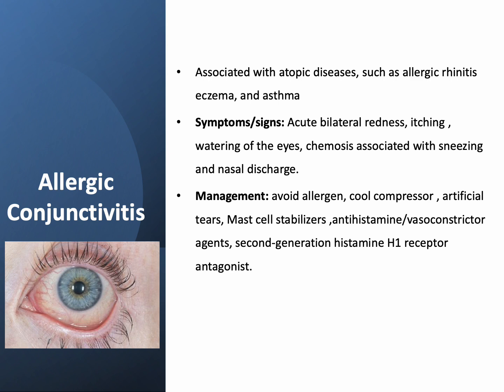The management is supportive in the beginning, for example, to avoid the allergen, to avoid the usual type of allergen that can cause these symptoms, cold compresses, artificial tears. Other options can include drops like mast cell stabilizers, antihistamines, or H1 receptor antagonists.